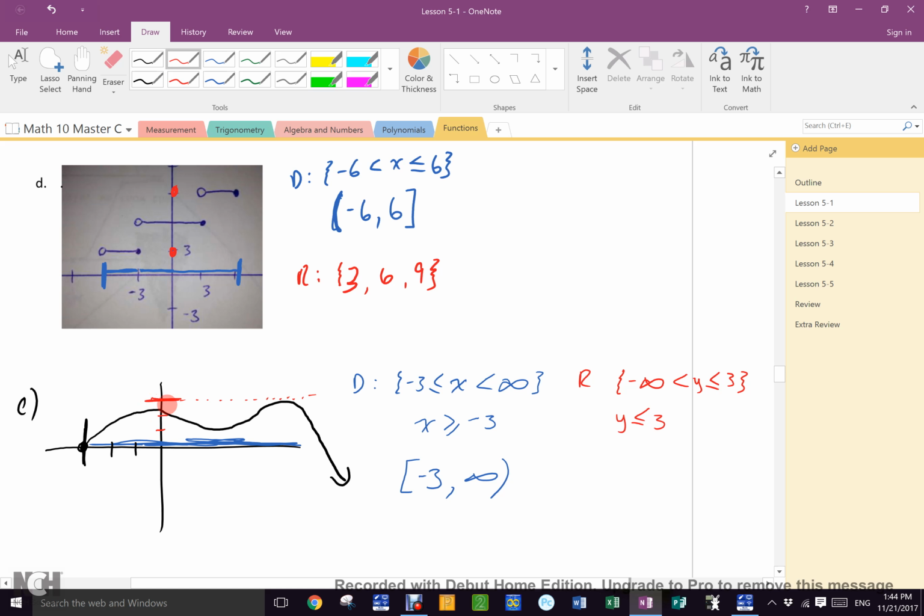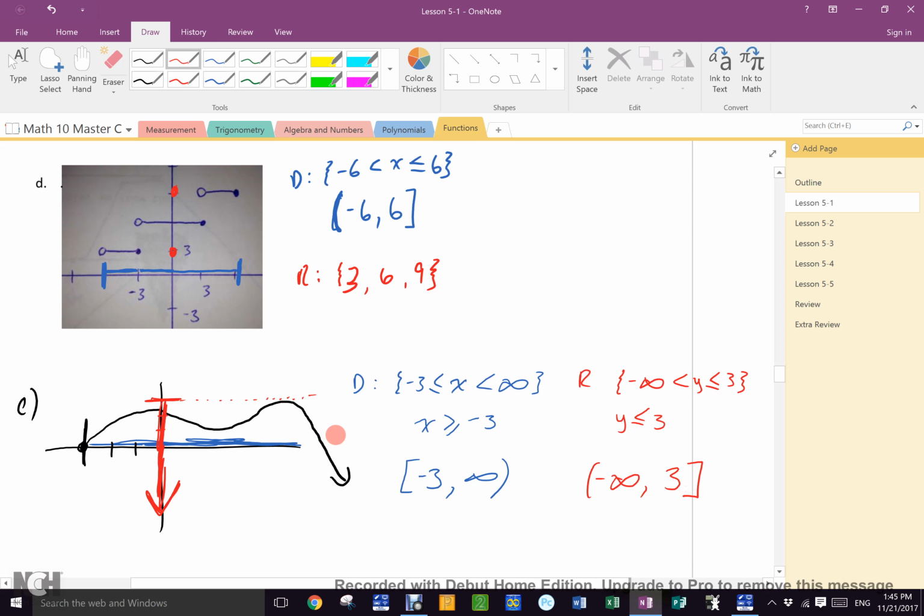I would start coloring there, and I would draw down for how long? Forever. Everybody good? What is my interval here? What's my lowest possible y value? Negative infinity. Will I hit it? Negative infinity to what? Will I hit 3? Yes. Does everybody understand?